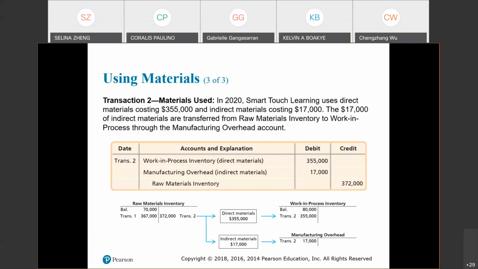Let's assume in 2020, the company uses direct materials costing $355,000 and indirect materials costing $17,000. The $17,000 of indirect materials are transferred from raw material inventories to WIP through the manufacturing overhead cost.